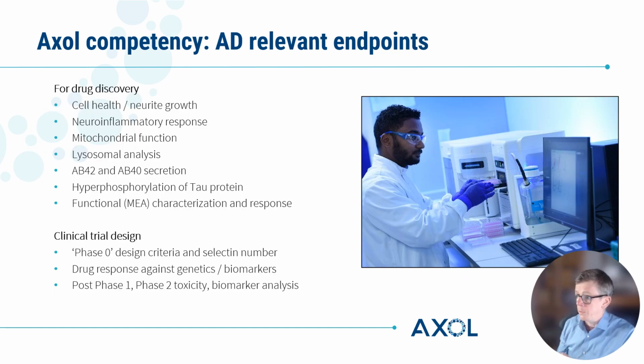What would we do once we have these cell culture systems? Axol's competency is in manufacturing, but also looking at the functional endpoints. There's a whole slew of endpoints we can look at for drug discovery, and then rolling into this kind of clinical trial setting.